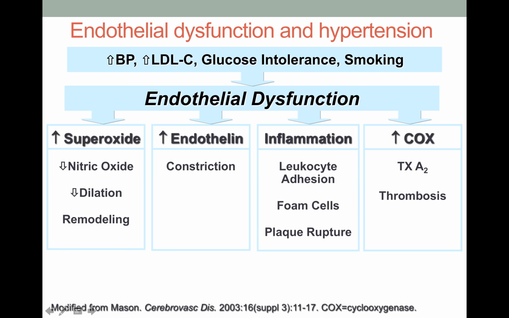Now, the next box points to inflammation. We're going to see some more examples of this in just a second, but with inflammation, we see leukocyte adhesion. So white blood cells start to adhere to the endothelial wall. This might be something like a macrophage, which, if you remember, adheres to the endothelial wall. It will eventually extravasate into the plaque.